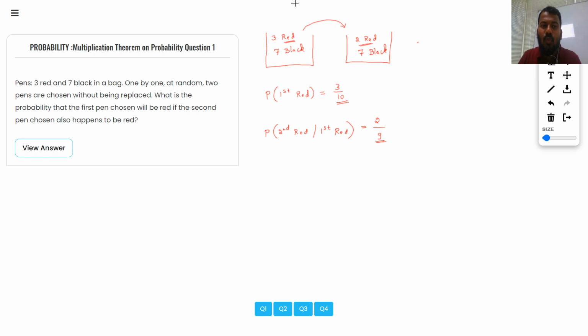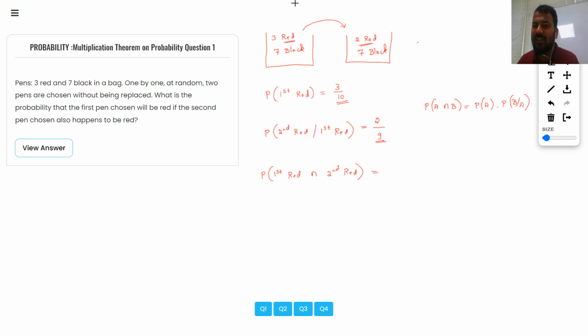Now they are asking us what is the probability that the first pen chosen will be red if the second pen chosen also happens to be red. It means that they are talking about the probability of first red intersection second red. So now this can be taken from the multiplication theorem, which says probability of A intersection B is given by probability of A times probability of B given A. We have already got this.